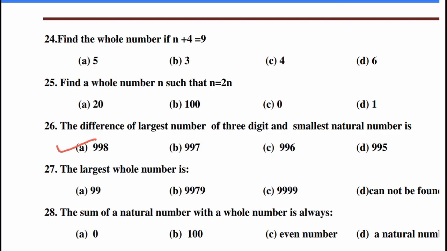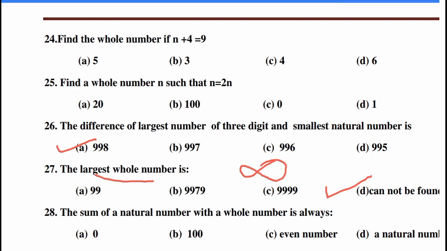The largest whole number we cannot find. Why? Because the whole numbers are infinite, right? It is endless. So we cannot find the largest whole number. That's why correct option is D, cannot be found.